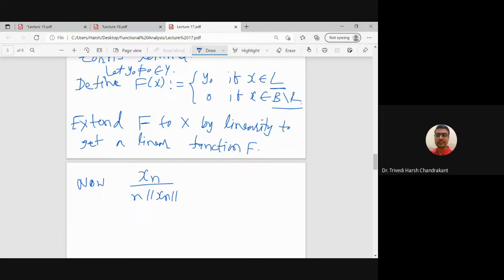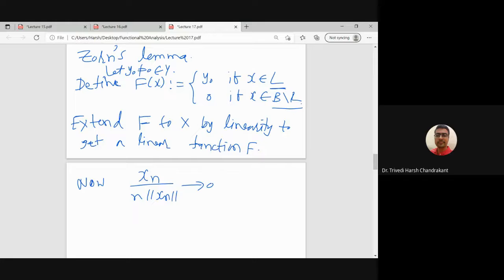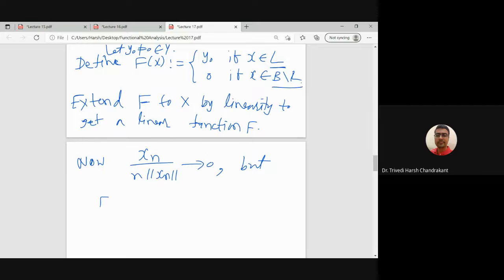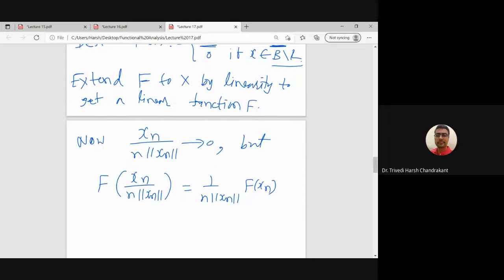This xn divided by norm xn is a unit vector, but we are multiplying it by 1 by n, so this converges to 0. We already saw this earlier. But f of this element, xn divided by n times norm xn, is nothing but 1 divided by n norm xn times f of xn, and xn is an element of L, so its value is y naught. And this is a non-zero value.